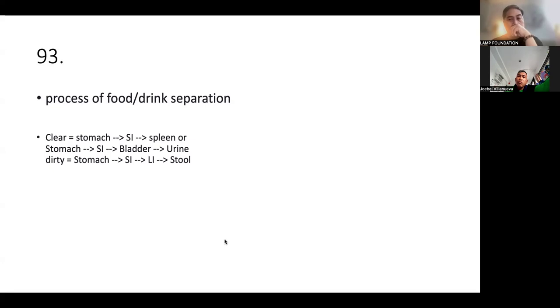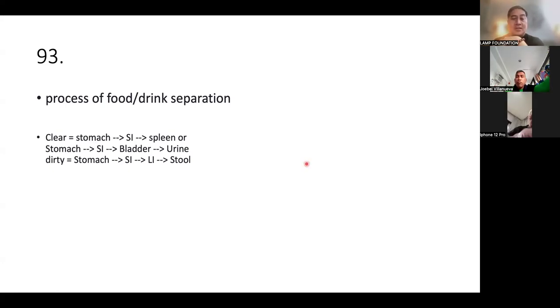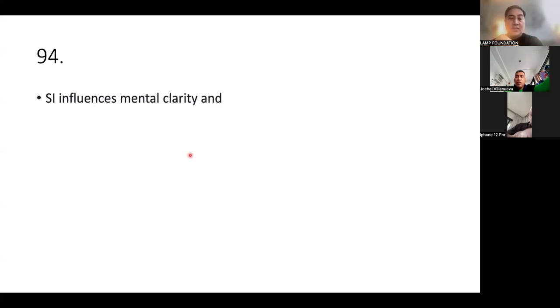If it's dirty, from the stomach it goes to the small intestine and then the large intestine, and then it becomes stool. If it's clear, it passes to the bladder and forms urine. But if dirty, it goes to the stool. Small intestine influences mental clarity and judgment.